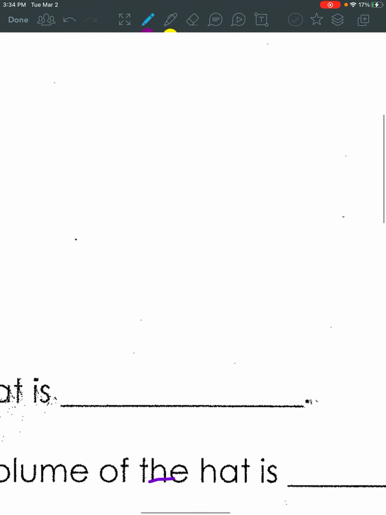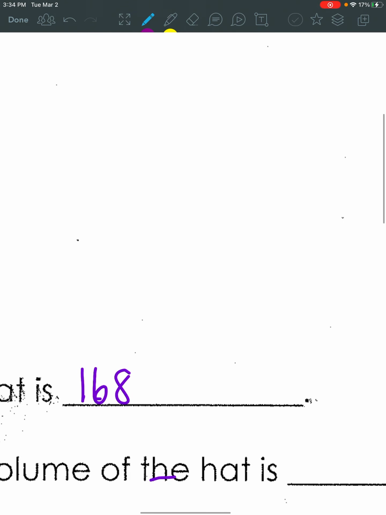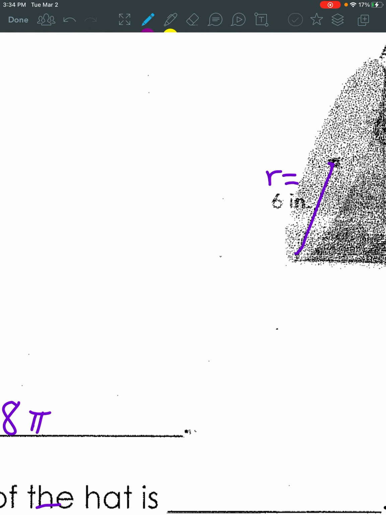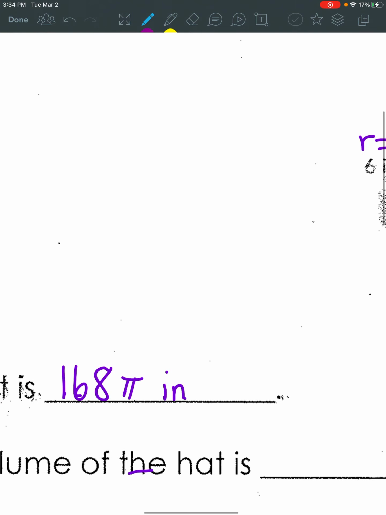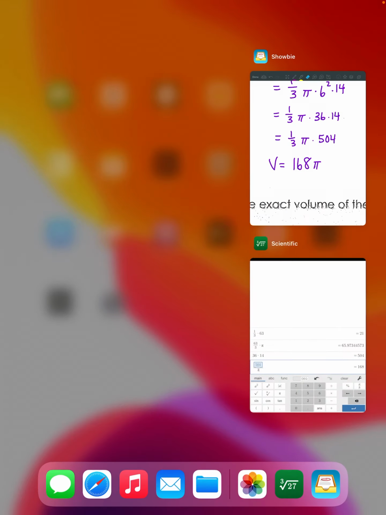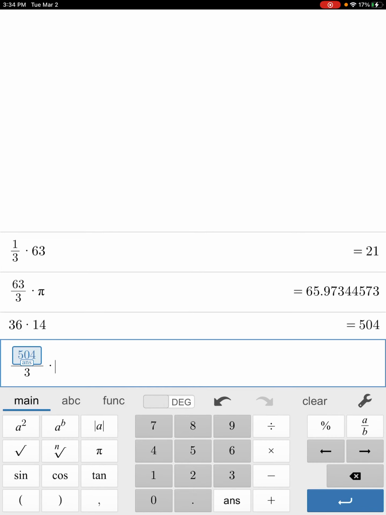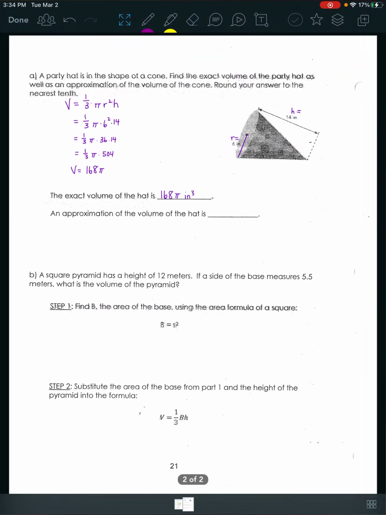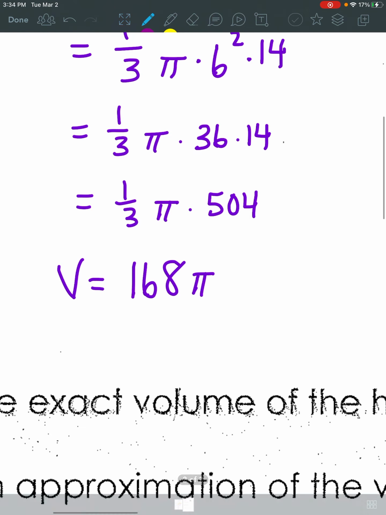So here, the exact volume of the hat is 168 pi, and our label was inches, so it'd be inches cubed. And then the last step would be to take that 168 and multiply it by pi, and that would be 527.8 if you rounded to the nearest tenth.